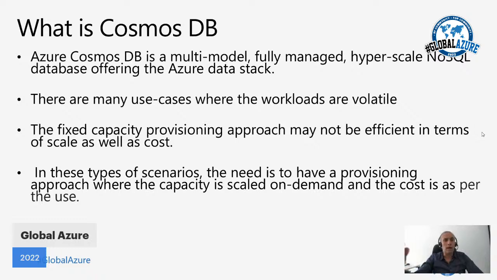Cosmos DB has some specifics: to have optimal performance and optimal cost, you need to have some tuning. Default settings probably will not give you the best options in these two aspects, and you need to consider some specific configurations. On the other hand, Cosmos DB in the past was related to provisioned throughput.